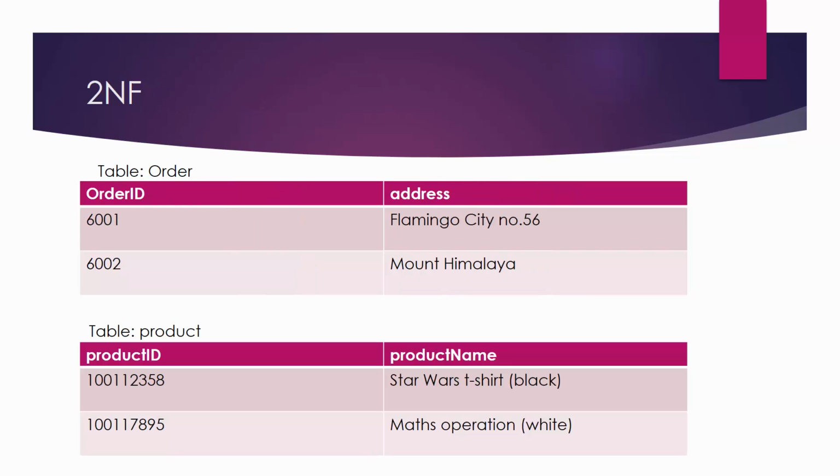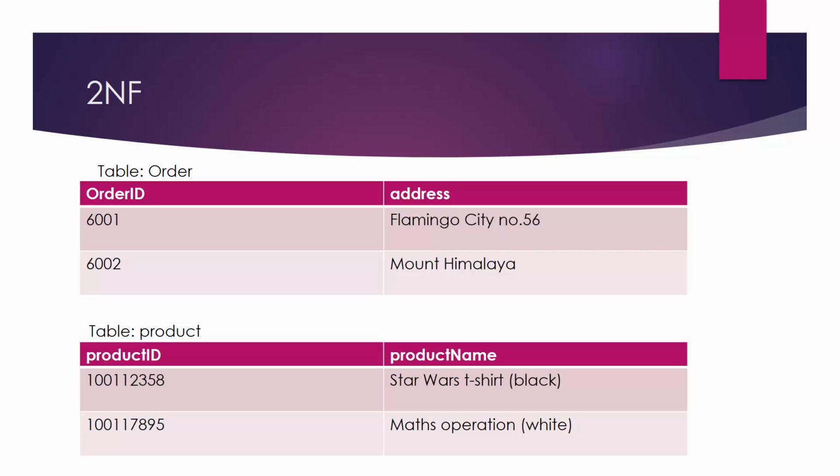So let's move on to the second normalization form. A table that is in first normal form must meet additional criteria to qualify for second normal form.